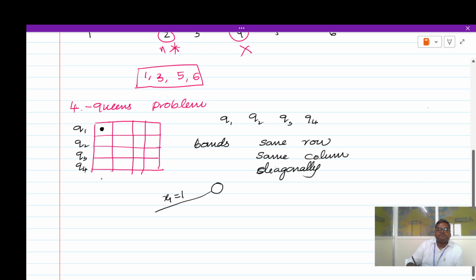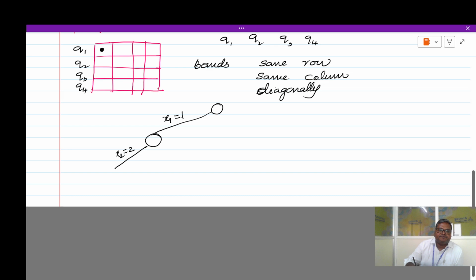When I put it, the possibilities are, I can put the second queen in the second place, third queen in the third place, and fourth. But that is not a valid option. Once you put the second queen in the second place, they become diagonal to each other. So this I should not explore.